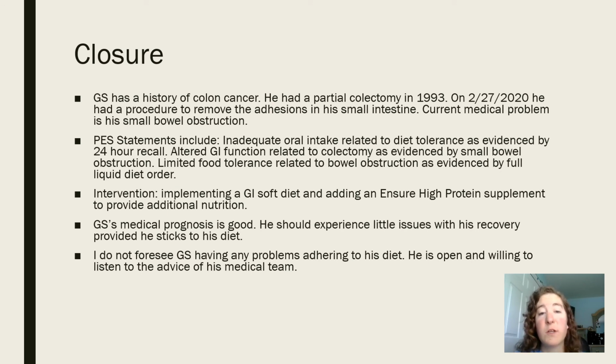In closing, GS has a history of colon cancer. He had a partial colectomy in 1993. On the 27th of February in 2020, he had a procedure to remove the adhesions in his small intestine. His current medical problem is that he has a small bowel obstruction.